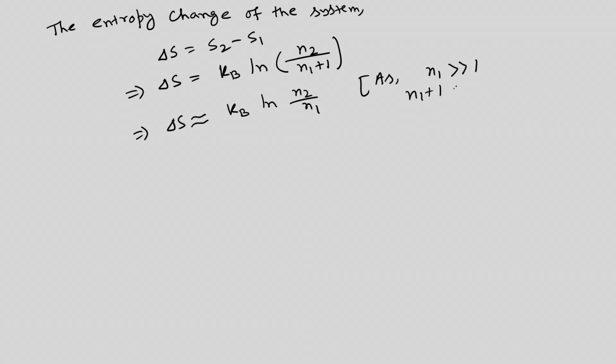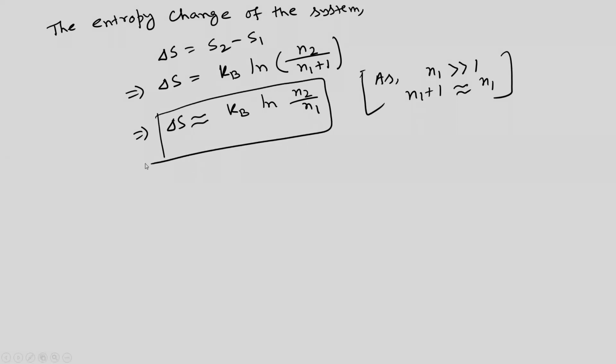So N1 plus 1 we can write as N1. So, this is the entropy change of the system, and now the entropy change of the reservoir.